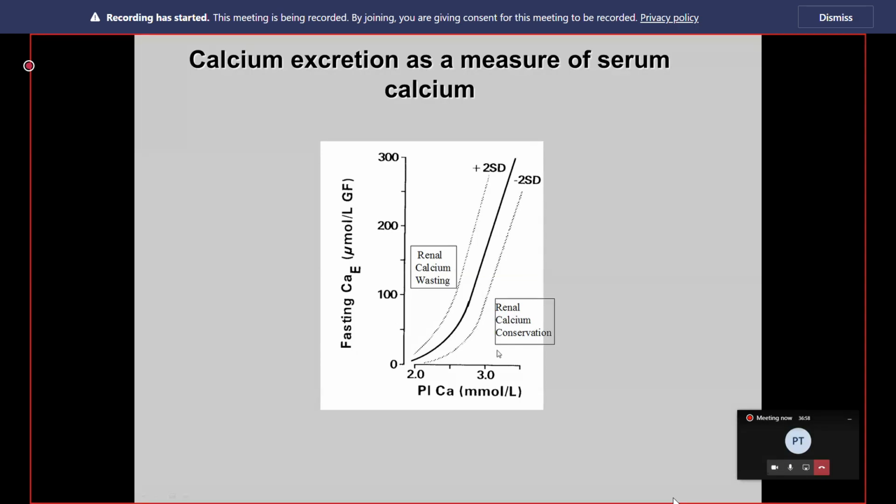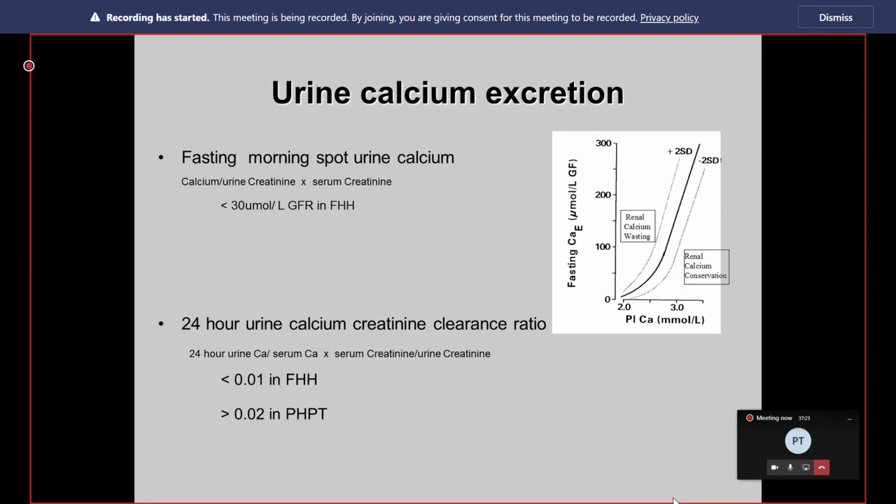And in renal calcium conservation, where there is increased PTH activity, the fasting calcium excretion is less than expected, whereas in renal calcium wasting, for example, in hypoparathyroidism, the urine calcium excretion is greater than expected.